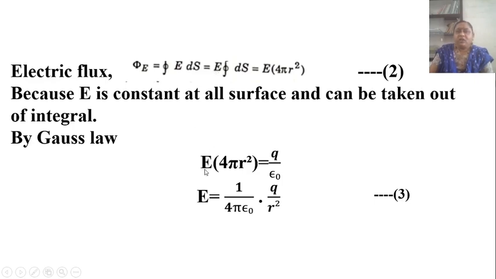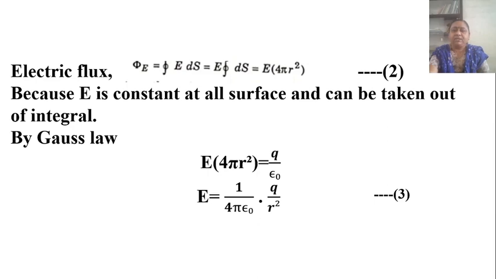So by Gauss law, E into 4 pi r square equals q upon epsilon 0, and E equals 1 upon 4 pi epsilon 0 into q upon r square.